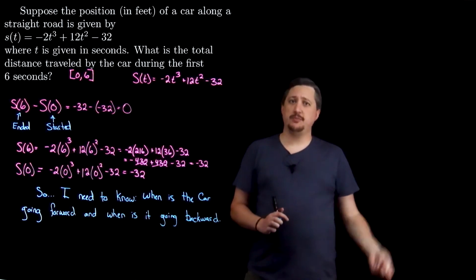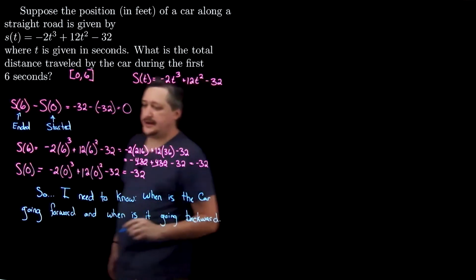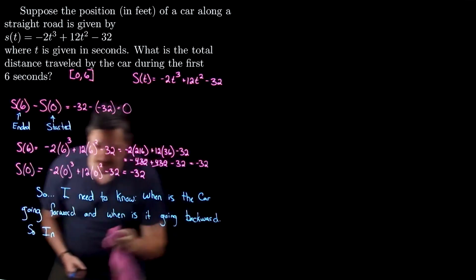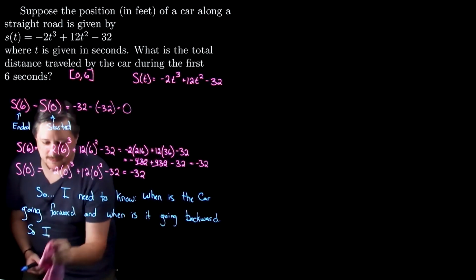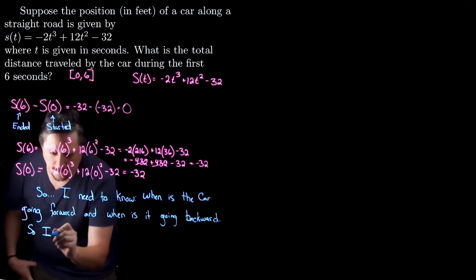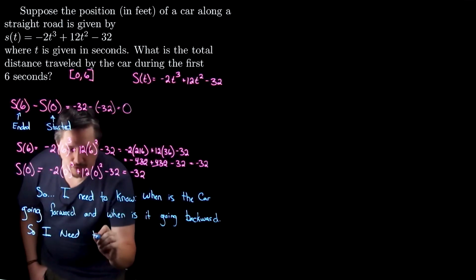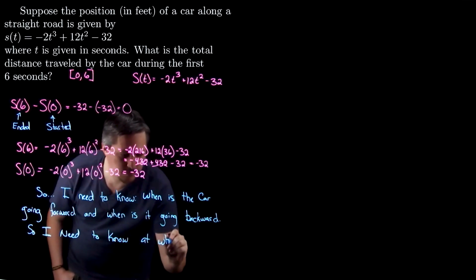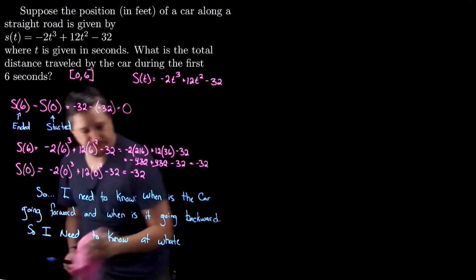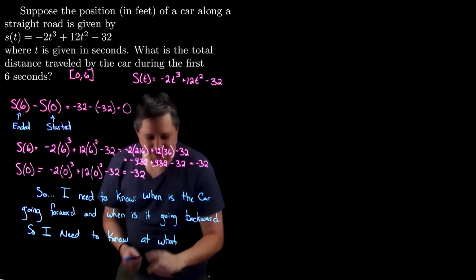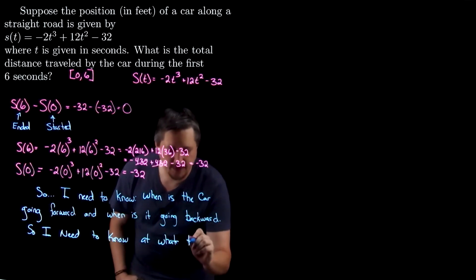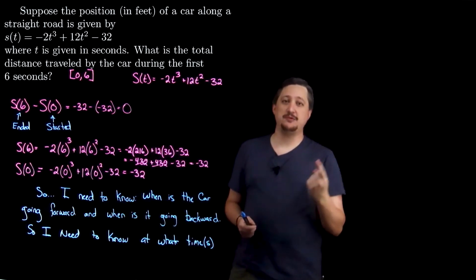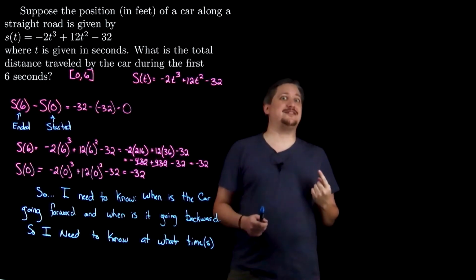And in particular, like we said with the ball example, same sort of analogy, I need to know at what time, because it's possible my car, unlike the ball, goes forward, backward, forward, backward, forward, backward, forward, and then back to where it stopped, right?